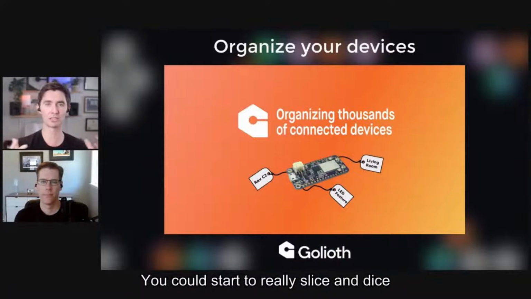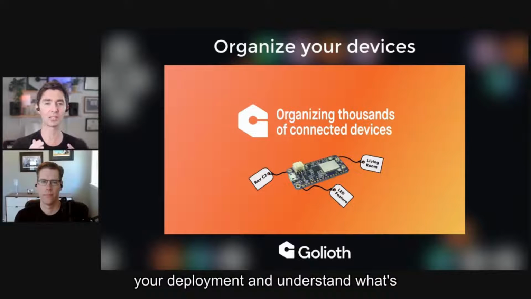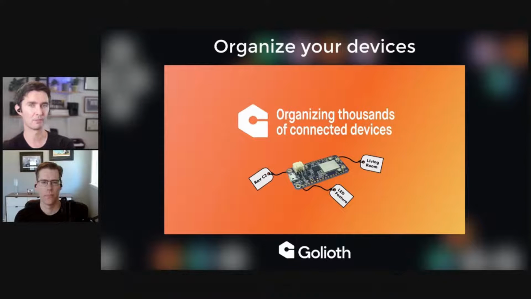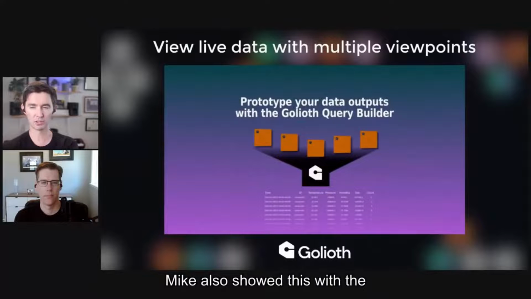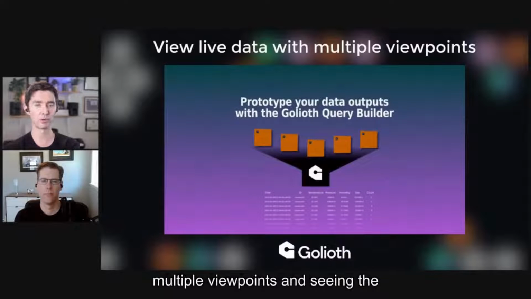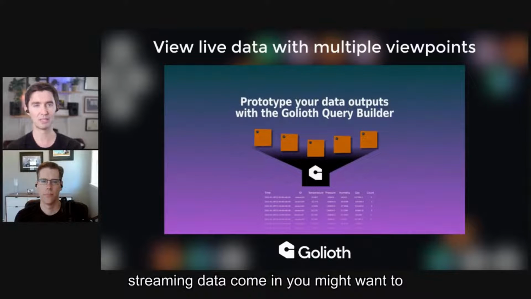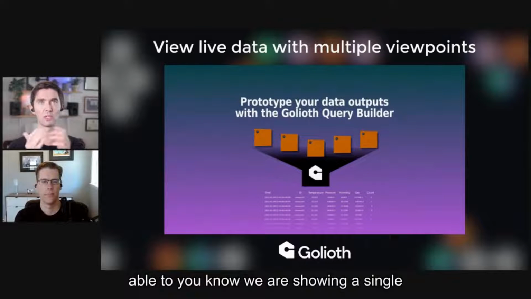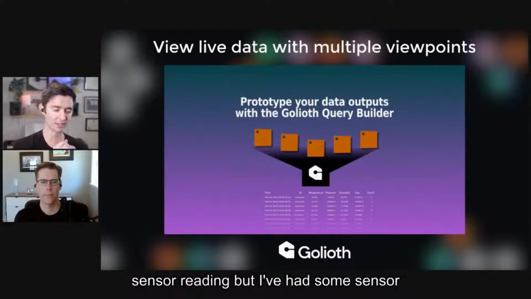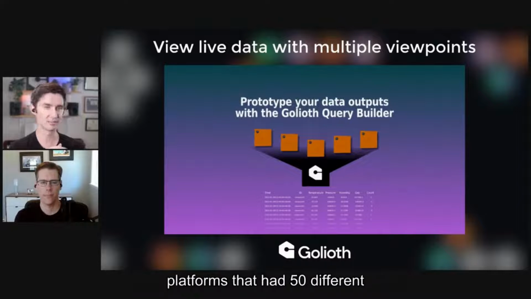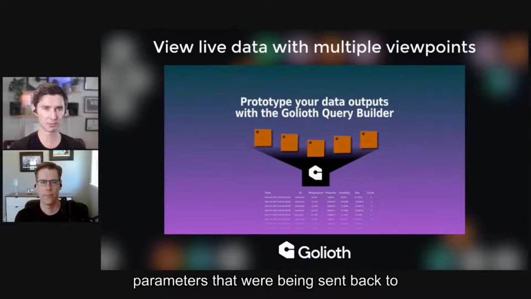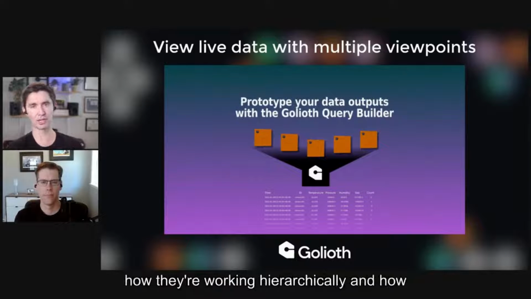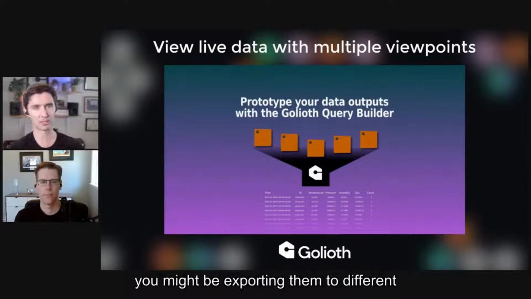You could start to really slice and dice your deployment and understand what's going on, even instrumenting it off platform in something like Grafana as well. Mike also showed this with the multiple viewpoints and seeing the streaming data come in. You might want to prototype what that looks like. We are showing a single sensor reading, but I've had some sensor platforms that had 50 different parameters being sent back to the cloud, and you want to understand which ones you're using, how they're working hierarchically, and how you might be exporting them to different places.